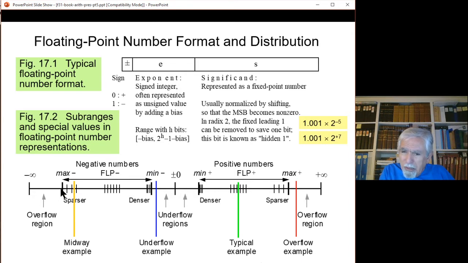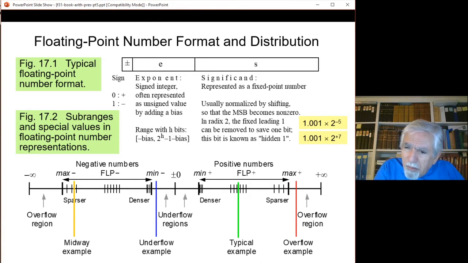Of course, there are infinitely many real numbers. Any finite representation system can only represent a finite number of alternatives. These tick marks basically show the values on the real number line that we actually represent.